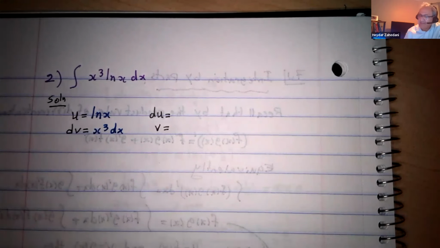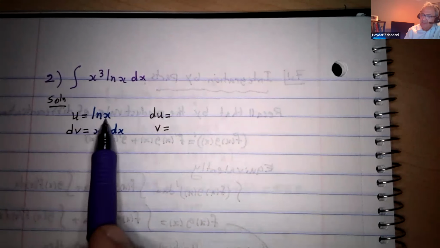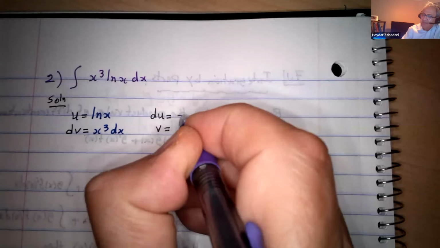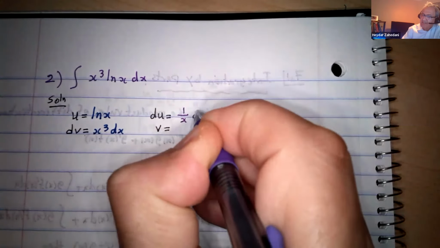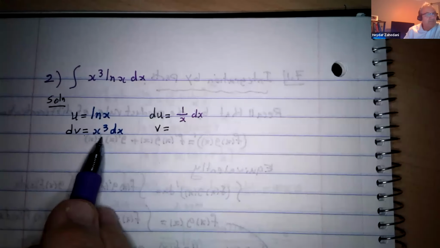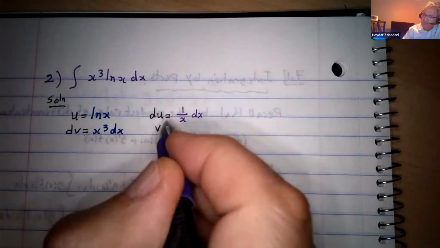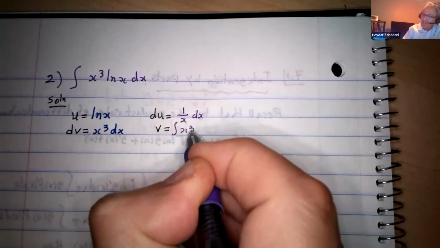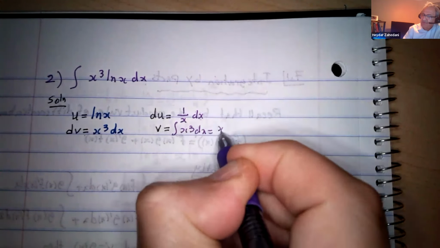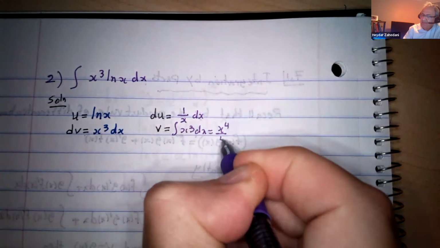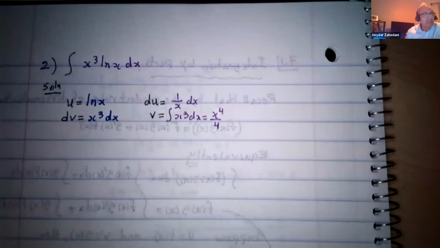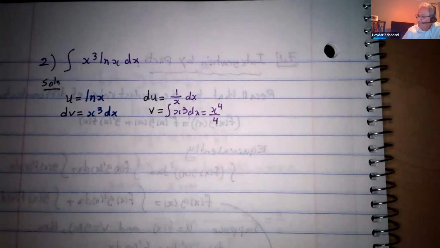So find the other side, easy. The derivative of ln x would be 1 over x dx. Integrate: I write it down for you. The integral of x cubed dx is going to be x to the 4th over 4. Remember, no constant. Use the formula.